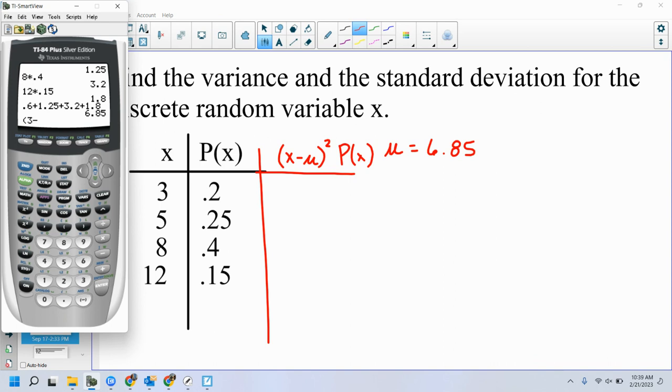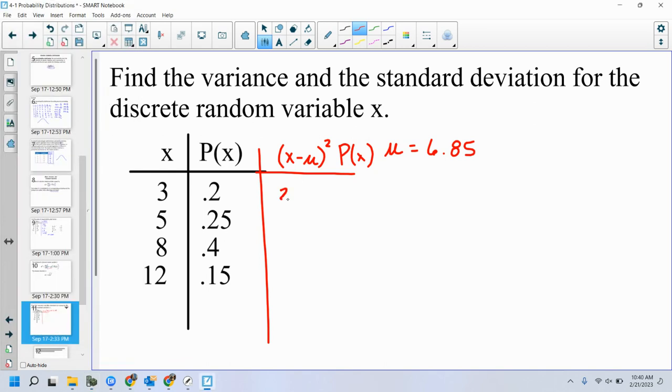X minus mu, 6.85, squared, times p of x, times 0.2. I'll put that in parentheses for good measure, just to partition it off a little bit. You follow me here? X minus mu squared times p of x. 2.96, we'll round it to.